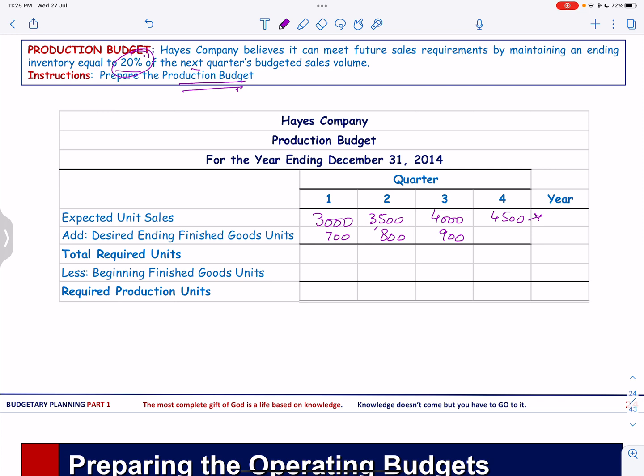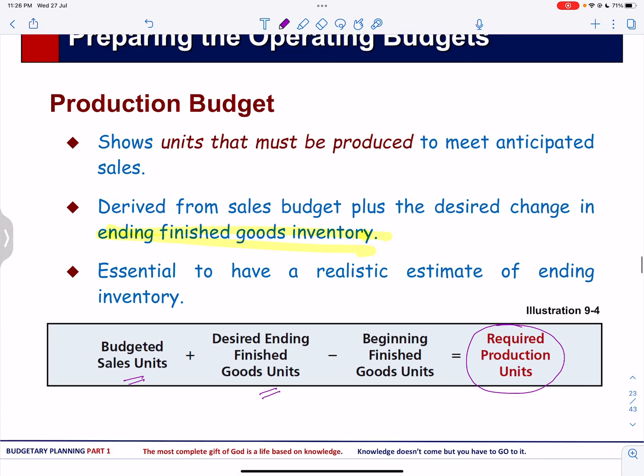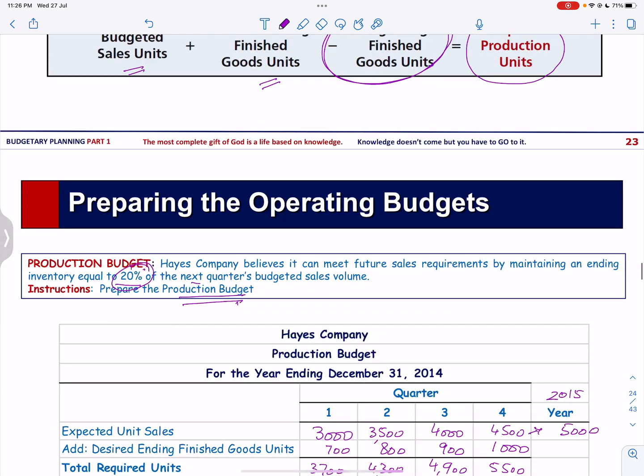That means in the first quarter of 2015 the expected unit sales will be 5,000, and 20% of 5,000 will be 1,000. So the total required units will be 3,700, 4,300, 4,900 and 5,500.